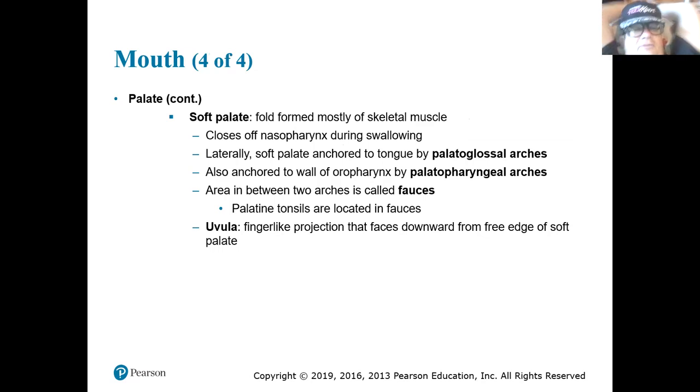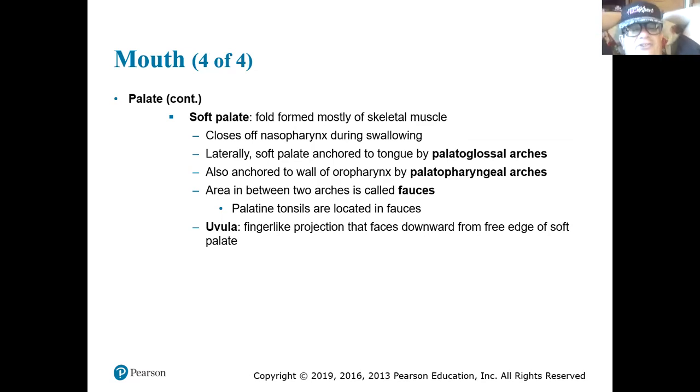All right, the soft palate is what's behind the bone, where it feels soft. That's because you have a roof made out of soft tissue, made out of muscle at that point. It closes off the nasopharynx and the nose from the oropharynx. It's the division.